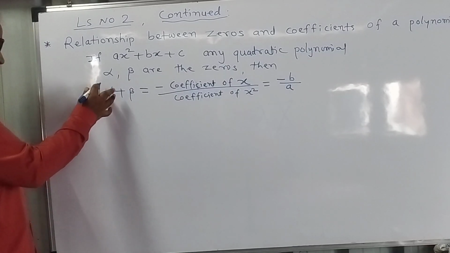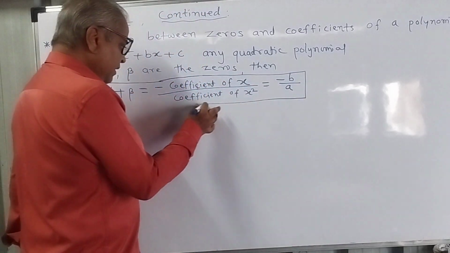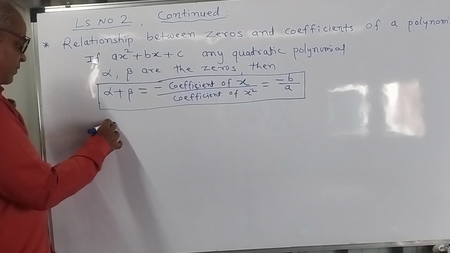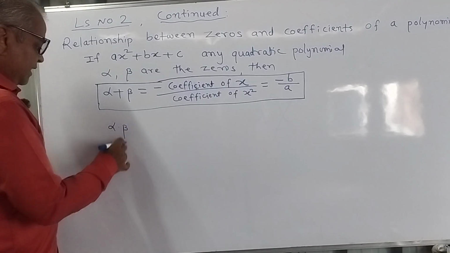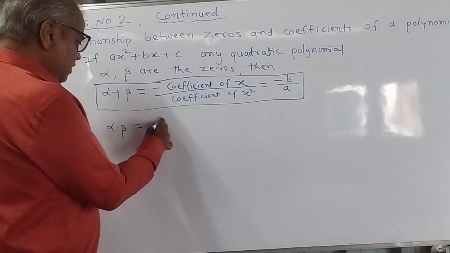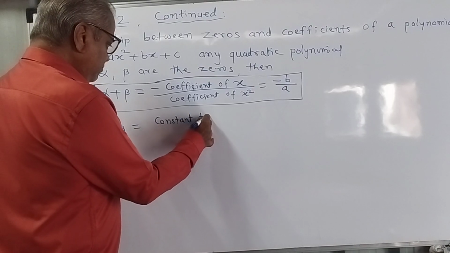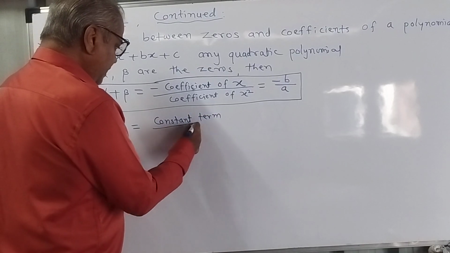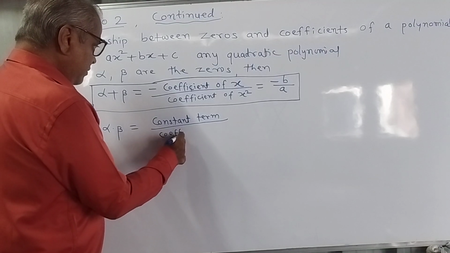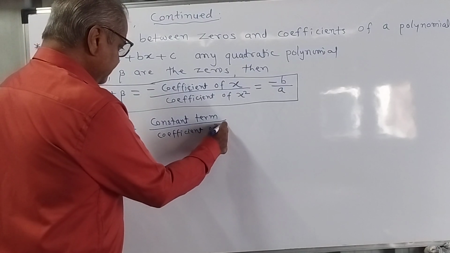This is the first relation between coefficients and zeros of the quadratic polynomial. And one more relation is alpha into beta, that is the product of zeros, is equal to constant term upon coefficient of x square.